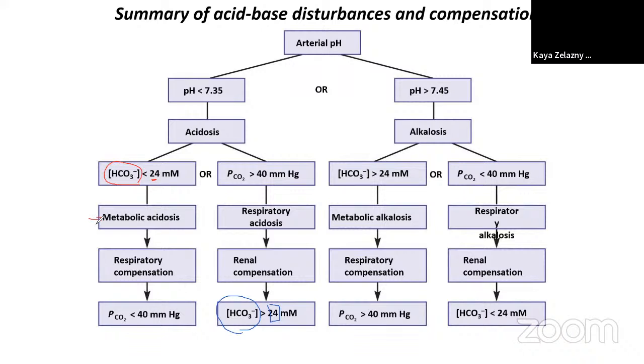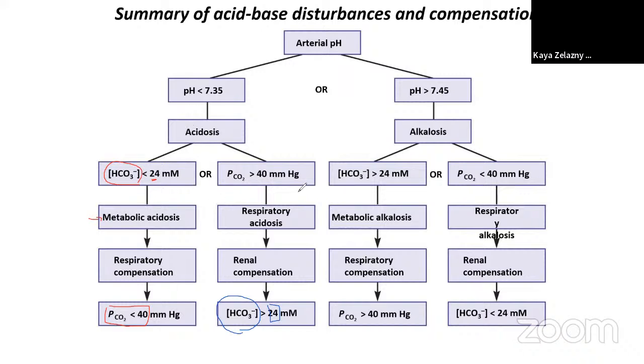In order to control for this fact that we don't have enough bicarbonate buffer, we're going to try and decrease the amount of acid we have in the system. So we're going to breathe faster, and we're going to drop our CO2 below its normal partial pressure of 40. This is to compensate for this decrease in buffer. That's the first way we're adjusting this situation.